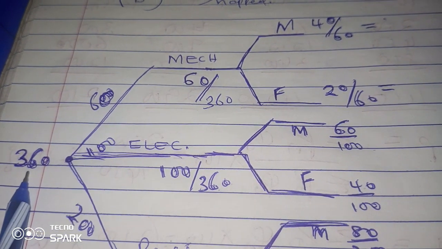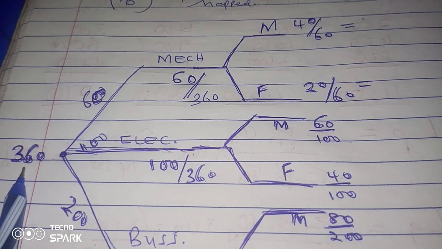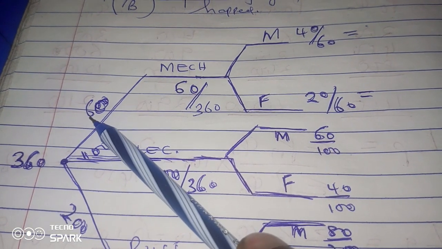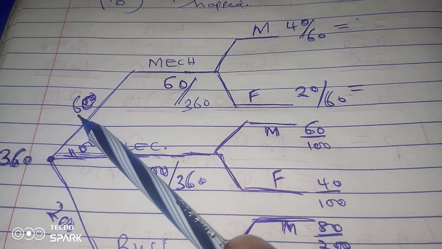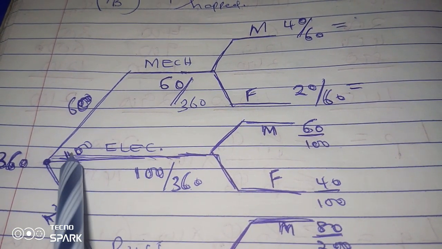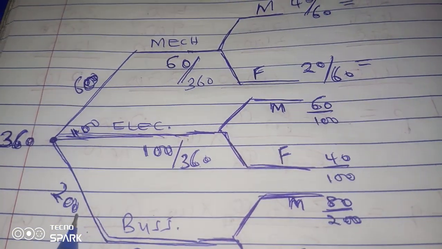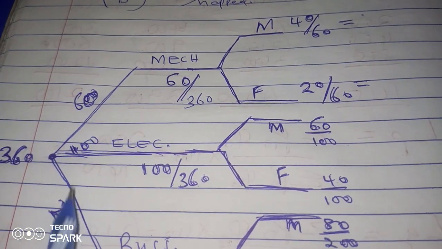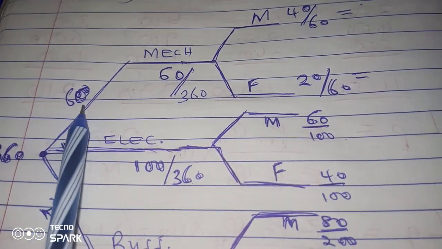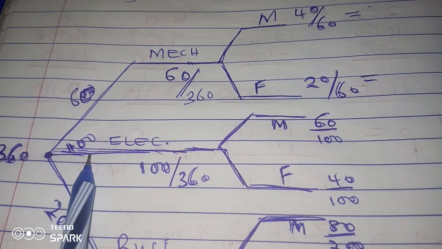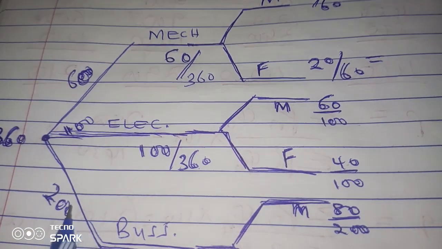We also have the number of mechanical students being 60, the number of electrical students being 100, and the number of business students being 200. That gives us a total of 360: the 60 from mechanical, 100 from electrical, and 200 from business department.